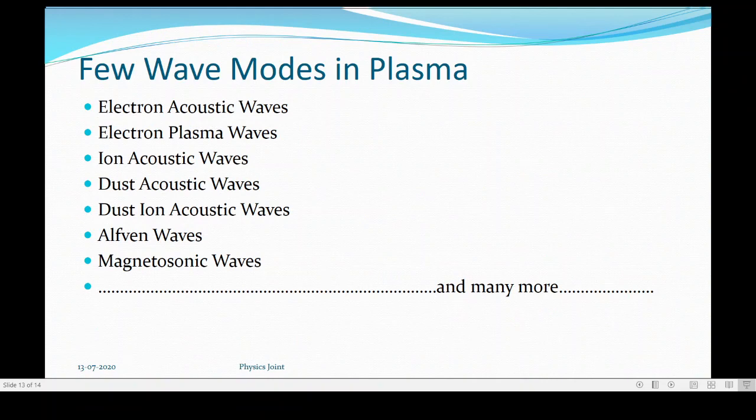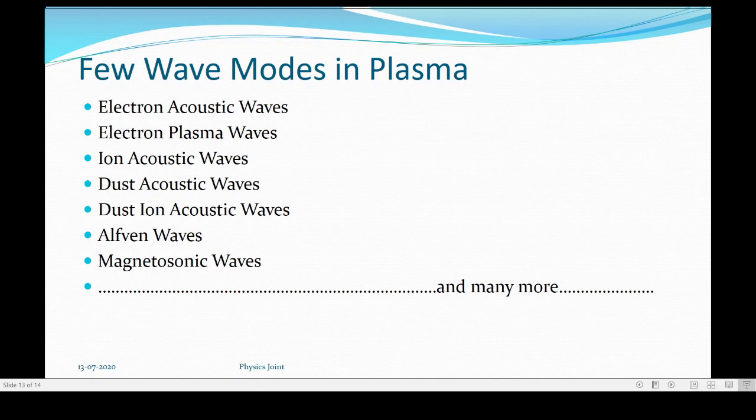So let me give you some examples of the few wave modes in plasma. We have the electron acoustic wave, where there are two kinds of electrons, warm and cold. The warm electrons provide the restoring force, and the cold electrons provide the inertia. The electron plasma waves are high frequency plasma waves. Ion acoustic waves are low frequency wave modes where ions execute the oscillations.